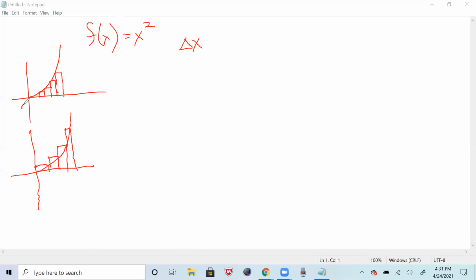Here's 0, here's 2 in both cases. The width would be b minus a divided by how many rectangles I have, which is 2 over n. So if I have 4 rectangles, each rectangle's delta x is a half. With me? I'm with you.